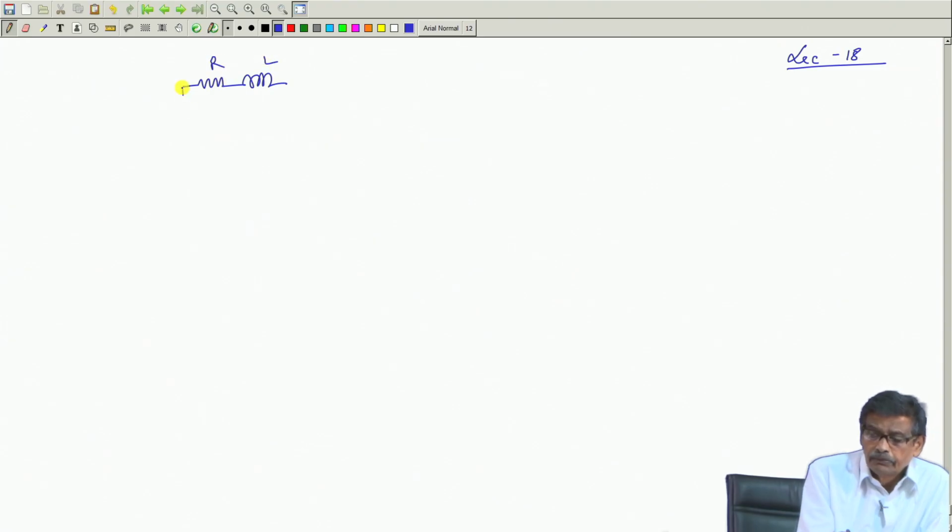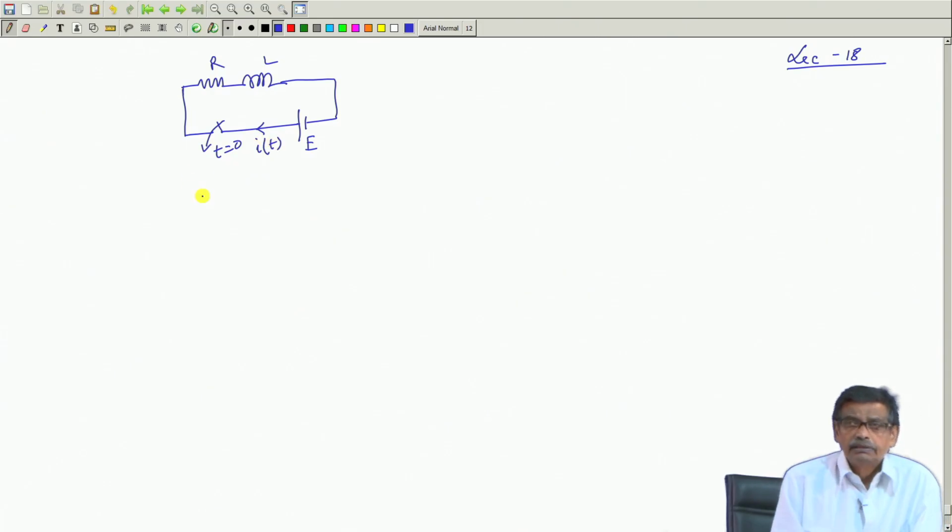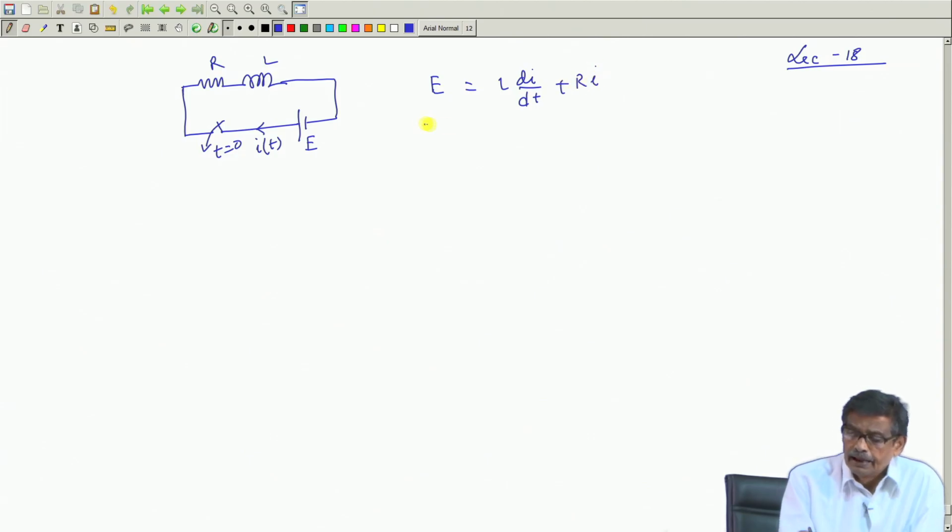and we have studied this, you have a battery E, and the switch is closed at t equal to 0. Then I can solve for the current. How did I solve this current? I wrote down the KVL equation, which was E equal to L di/dt plus R i, and I divided both sides by L to get di/dt plus (R/L) i is equal to E/L.